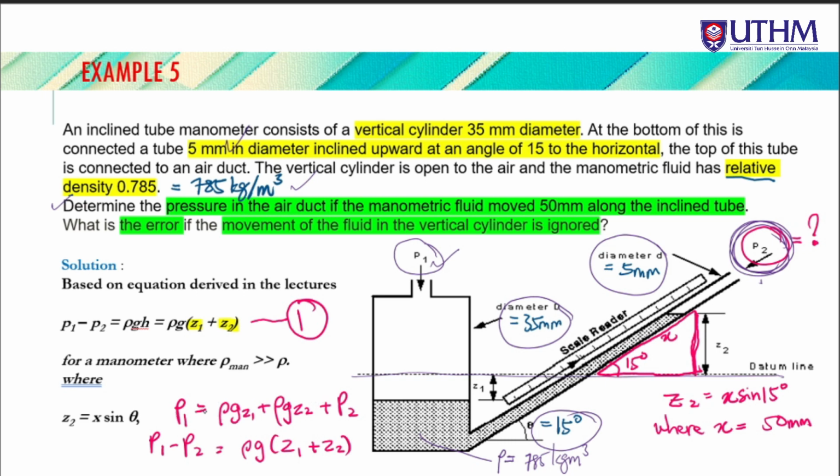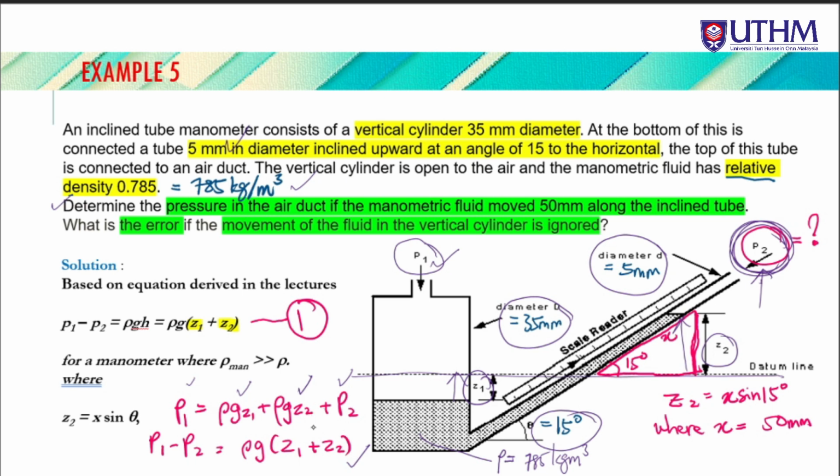So P1 is equals to rho GZ1, plus rho GZ2, and then plus P2, sebab dia naik and then naik. Okay, so the differences between P1 and P2 should be P1 minus P2 equals to rho G Z1 plus Z2.